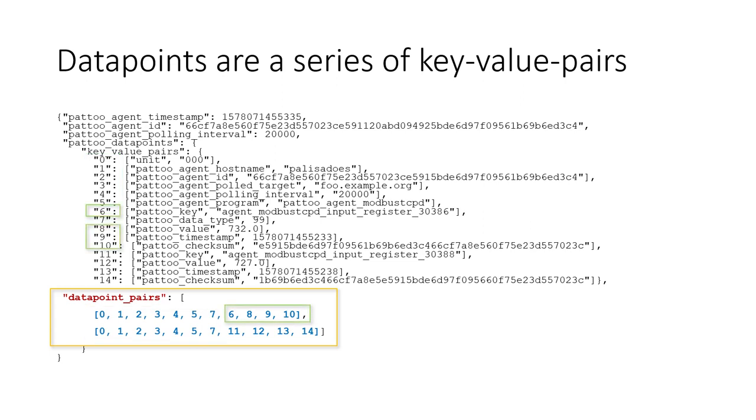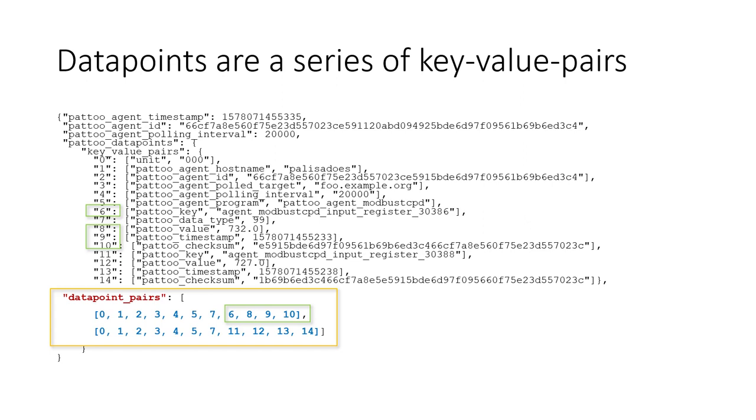The first data point set has these additional characteristics. And that is that they have a Pattoo key of agent modbus input register 3386, which is the key of the data that's being sent, and then number 8 is the Pattoo value. So that's the key and the value of the data point, and all the other items are related metadata points.